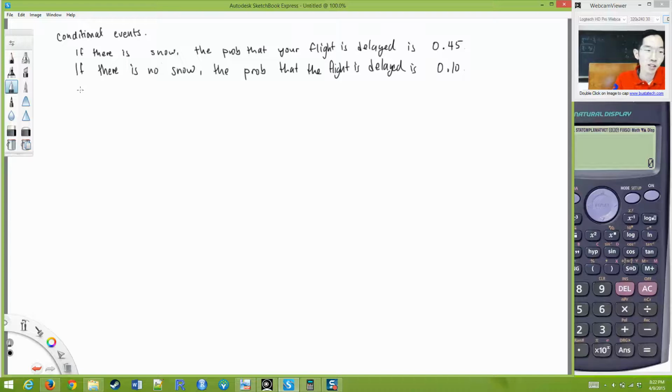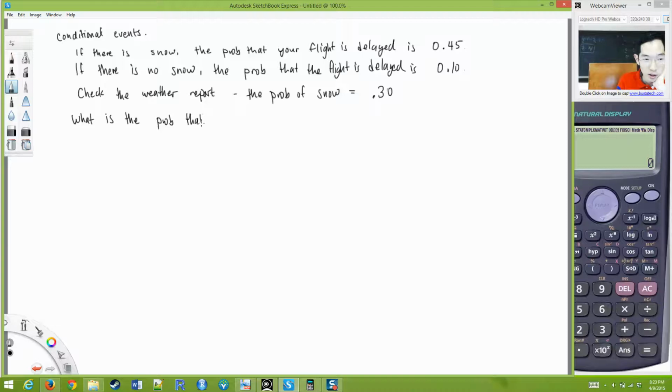And you check the weather report, and they say the probability that there's snow is equal to 30%. I'm going to ask, what is the probability that the flight is delayed?